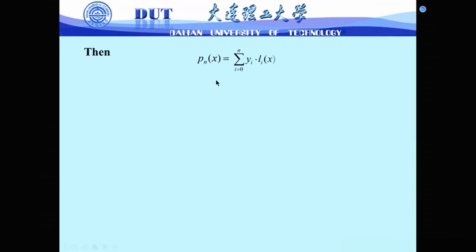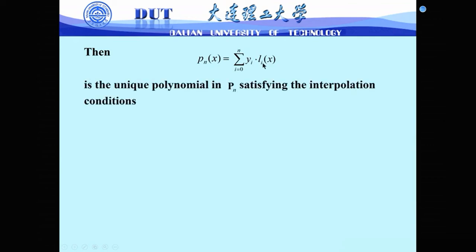Then Pn(x) is a polynomial equal to the summation of the function values yi multiplied by every basis Li(x), right? Then we know this is the unique polynomial in the space of polynomials of degree at most n, satisfying the interpolation conditions Pn(xi) equal to yi. Clear?